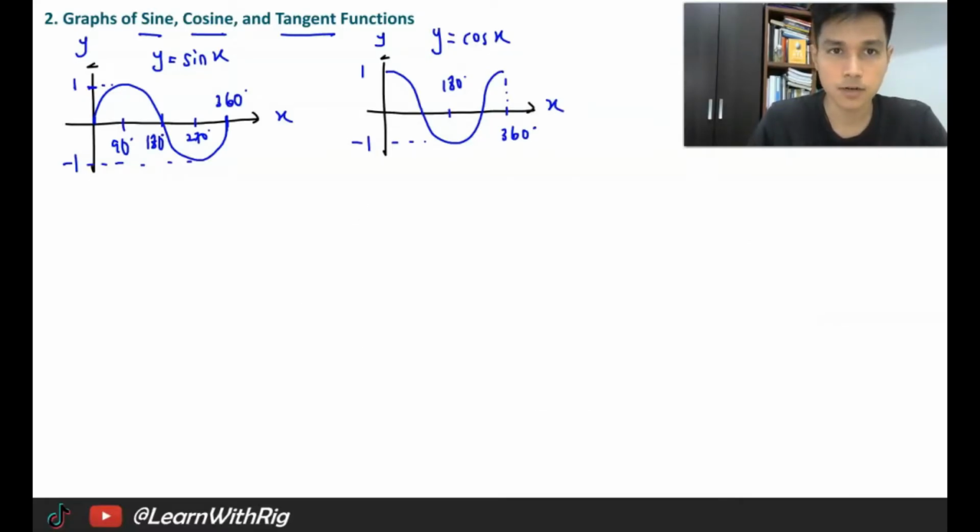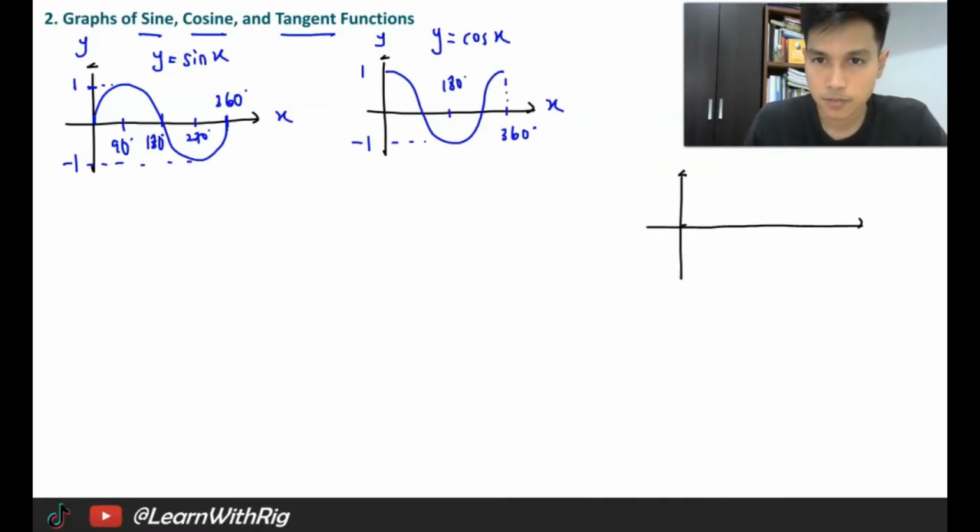Now, tangent graph is completely different. Let me show you. So I'm going to draw here. Oops, sorry, let me change color. Okay, tangent graph is a bit different. See, tangent graph starts from here. And then this is what we call the asymptote.